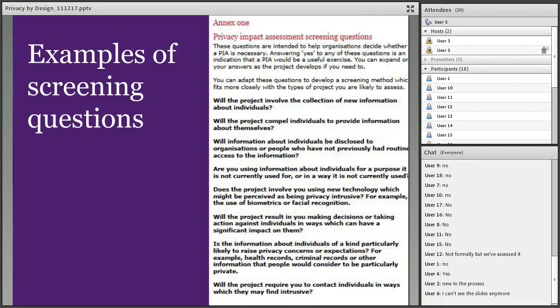Is the information about individuals of a kind particularly likely to raise privacy concerns or expectations? For example, health records, criminal records, or other information that people would consider to be particularly private? And then finally, will the project require you to contact individuals in ways which they might find intrusive?